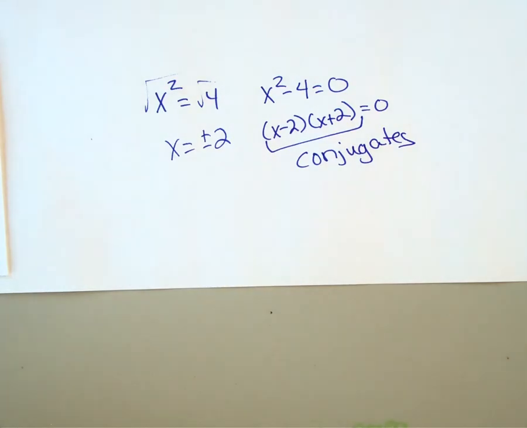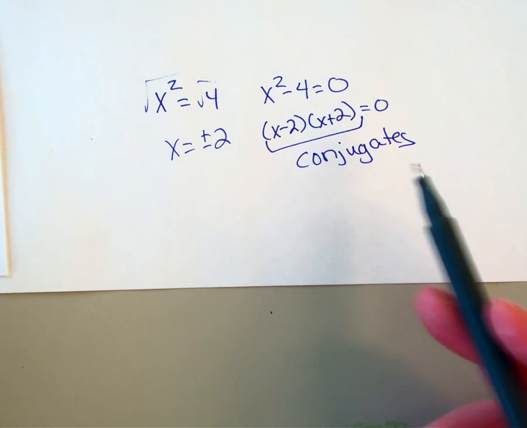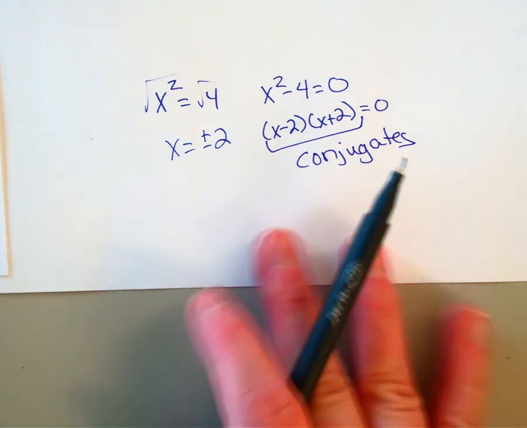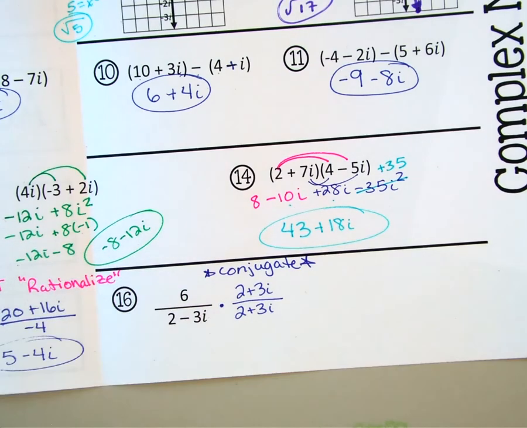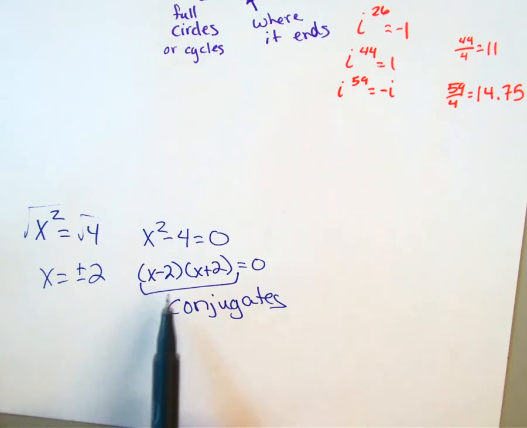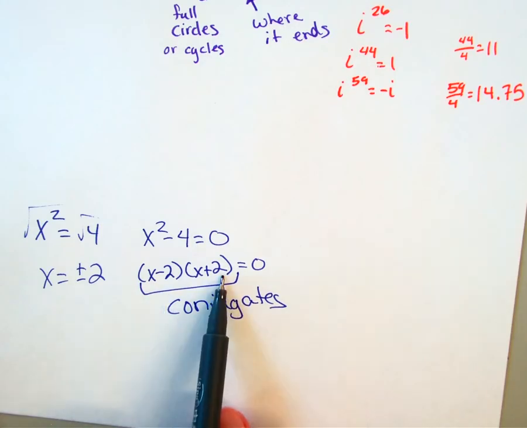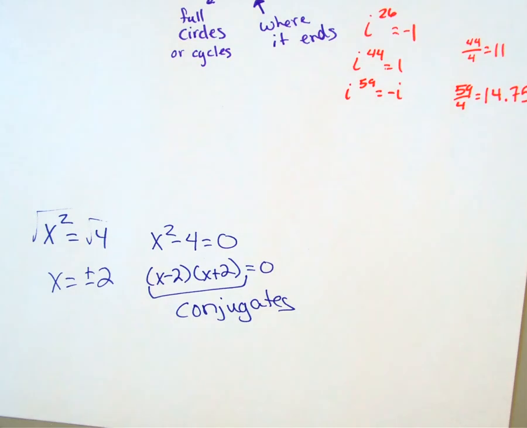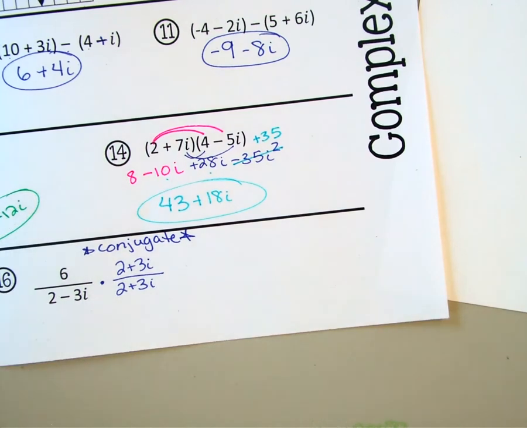They're kind of like inverses of each other. They're virtually the same, it's just one's plus, one's minus. Conjugates exist with imaginary numbers, and we use them a lot with imaginary numbers because they're best friends. This can't go anywhere without that one because that's what creates the quadratic x squared minus 4. They're best friends, they're connected. Very much so the same thing here. You can't have the negative imaginary version without having the positive imaginary version. They're best friends.